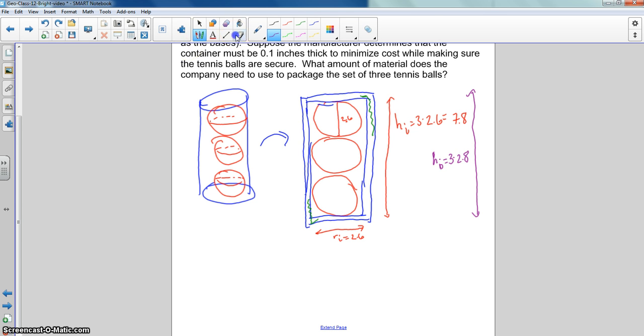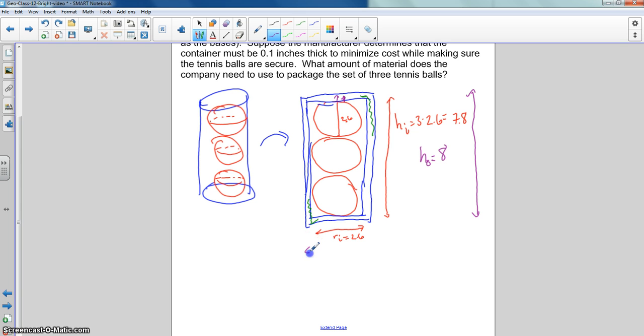Actually, that's not quite correct, because that would say each sphere has an additional 0.1 on each side of it. Instead, the outside height is just going to be the 7.8 plus 0.1 on each side, since the thickness is 0.1. So this would just be 8 inches.